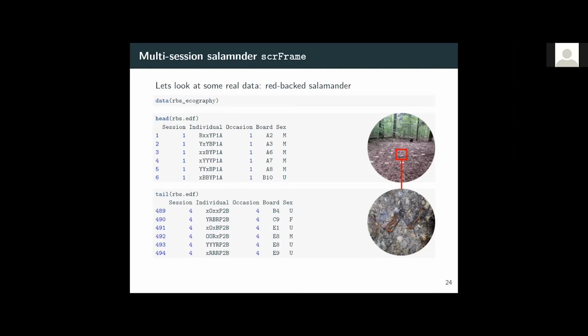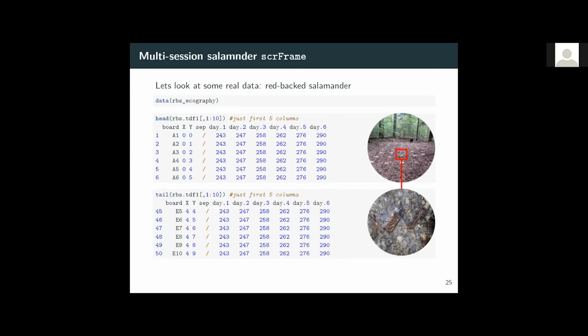If I look at the bottom of this object, you can see that these EDFs are ordered by session. The top part of this EDF is my first session, site 1, which is actually P1A, and my 4th session is P2B. So I have a pair, P1A, P1B, P2A, P2B. So I have 4 sessions here. I'm just showing you the top and the bottom to show you session 1 and session 4, so just 6 records from this big data frame.